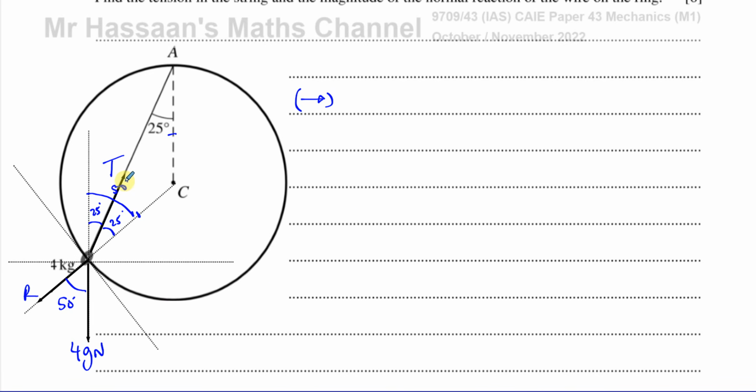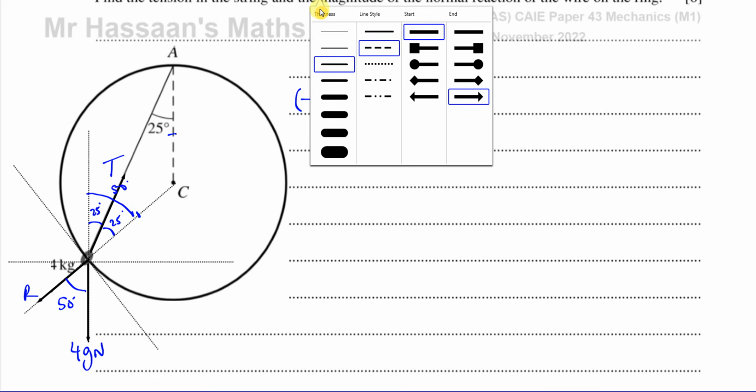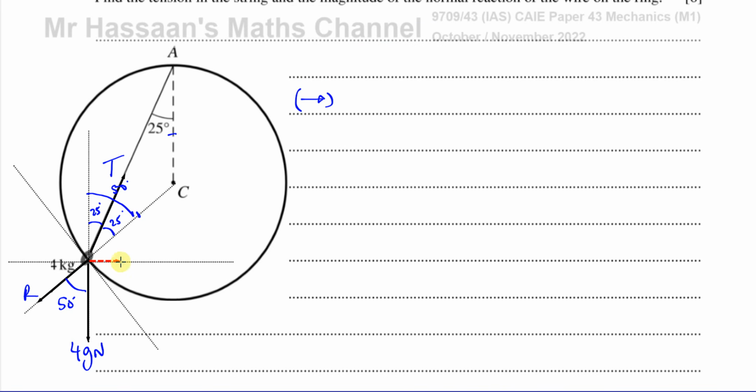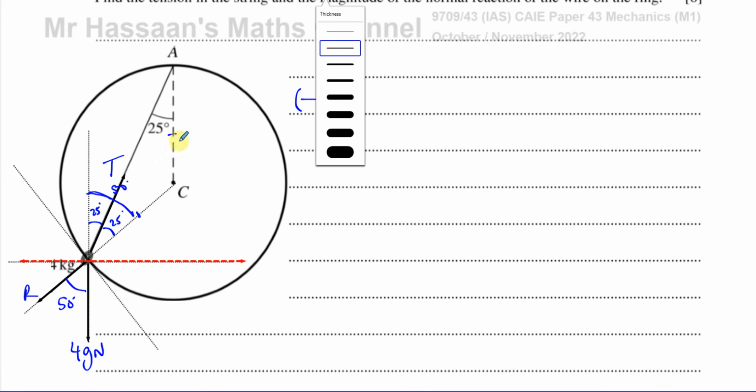I can take T and I can resolve it horizontally. So I'll draw the horizontal component for T like this. And I'll have a horizontal component for R as well, which I'll draw like this. So for T, now if you think about the angle that we've got, this angle here, let me change the color so we can see better.